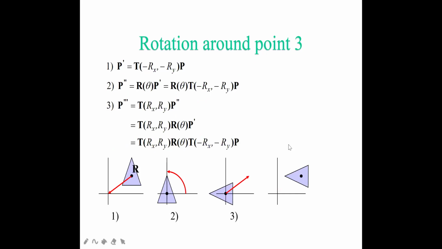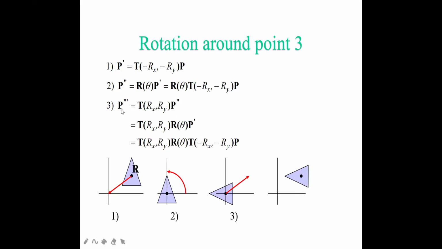Now the same thing we are going to represent and find out the answer. How are we going to find out the answer? P dash, I have told you already, this is the formula. P double dash, how to find out? R of angle theta into P dash. What is the value of your P dash? I got it here, and I will just replace it and write it here.